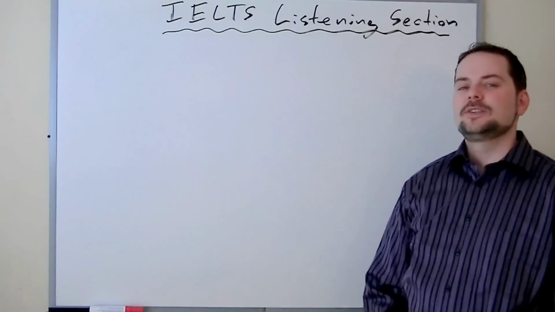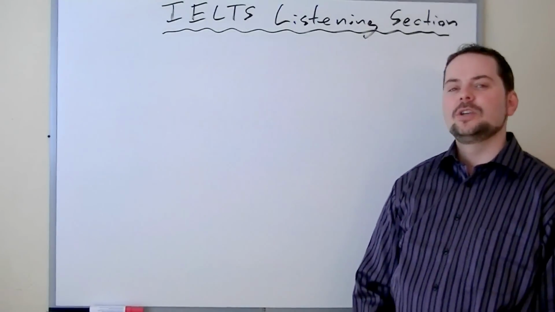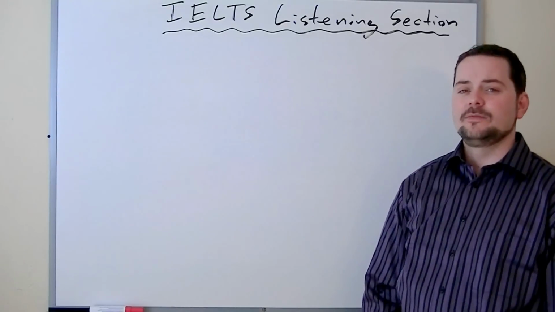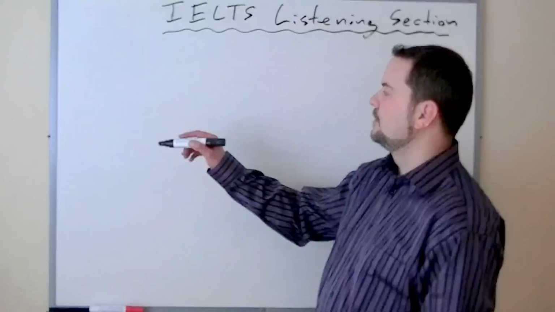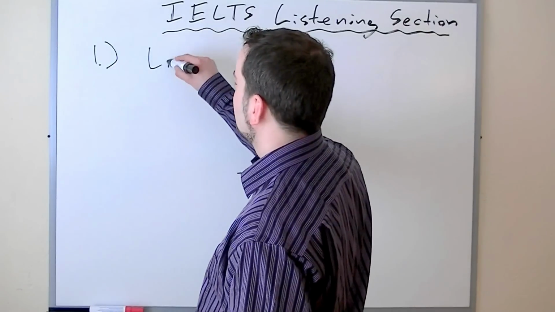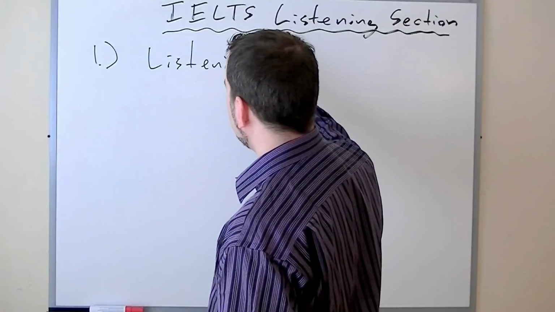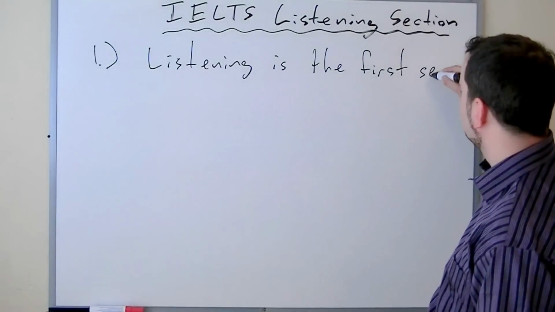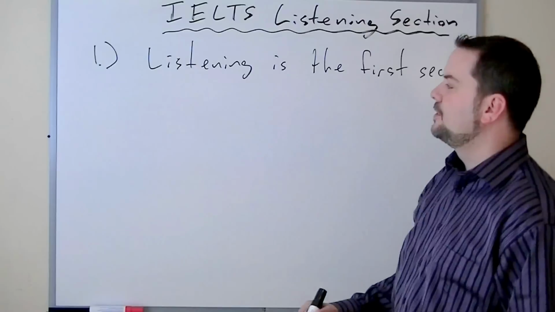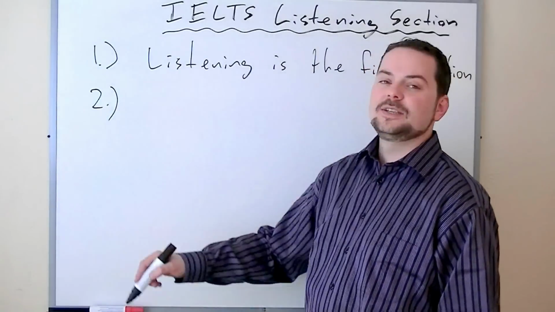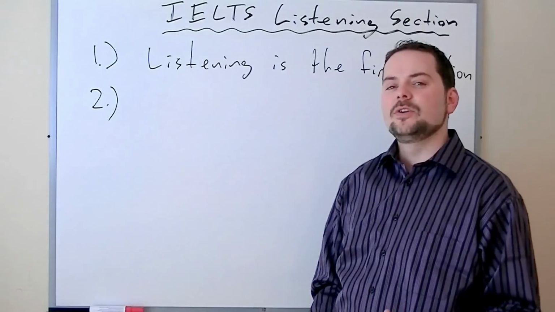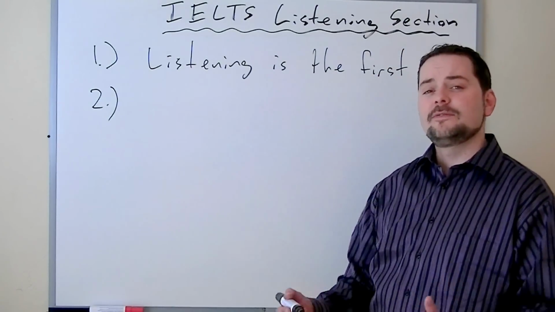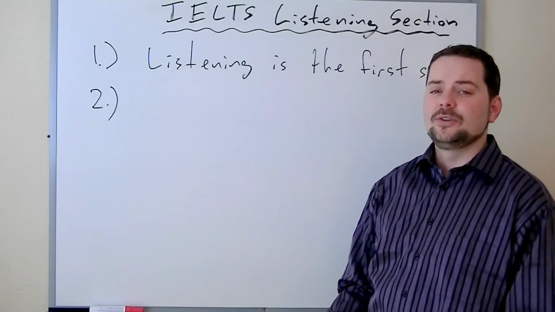Okay, so what you just listened to are the introduction and part 1 of the IELTS listening section. This is the first section of the exam. So what you need to know about this is, number 1, listening is the first section. The listening section of the exam takes about 40 minutes. You're going to listen for about 30 minutes and then you're going to transfer your answers to an answer sheet in another 10 minutes.